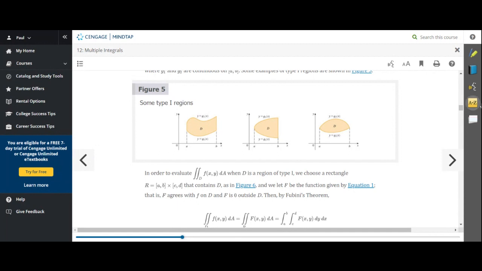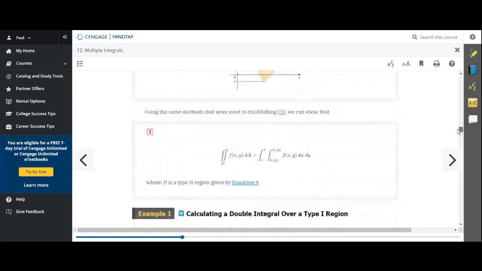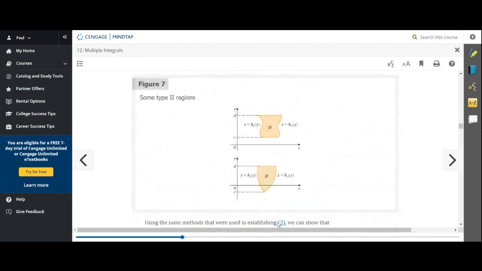But you can also have a situation where you have type 2 regions, bounded on the left and the right by functions of y. So you see, by allowing functions of variables to form your boundaries, you allow yourself a wider range of problems that you can do.